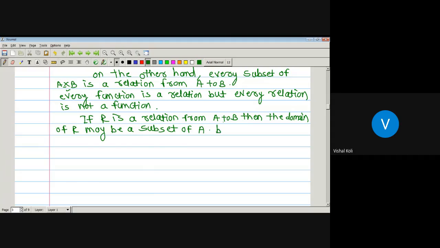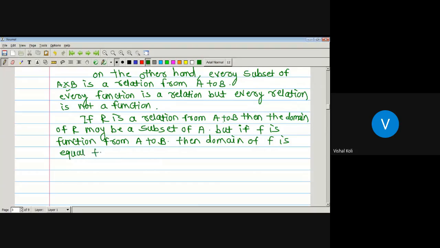But if F is a function from capital A to capital B, then the domain of F is equal to capital A. So that is the difference between relation and function.